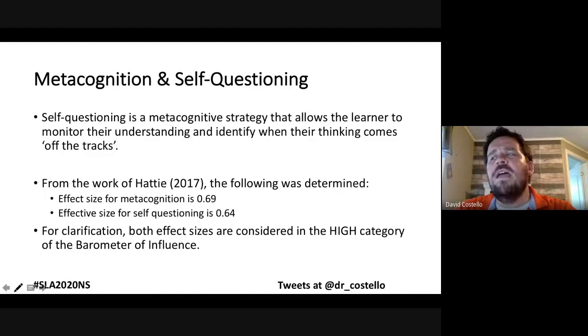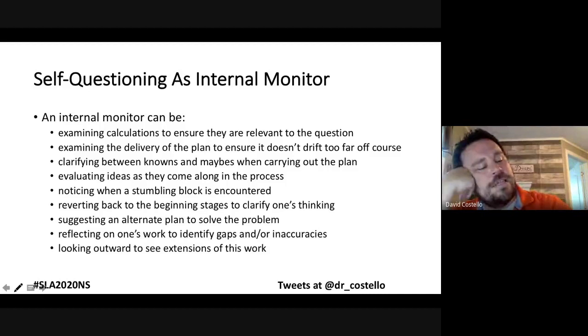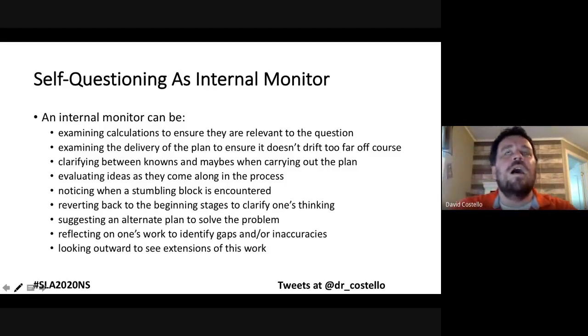And I talked to quite a few people, and I was asking them, what would a self-questioning or an internal monitor look like? What are some of the things you would consider to be that metacognition or self-questioning as you are engaged with a problem? And here are a few sample things.